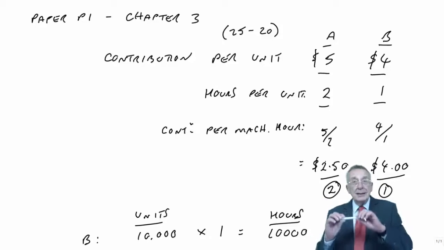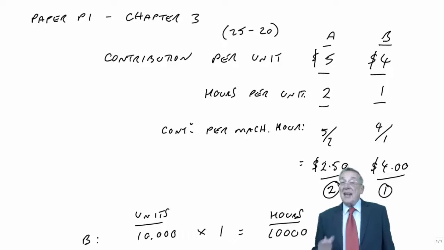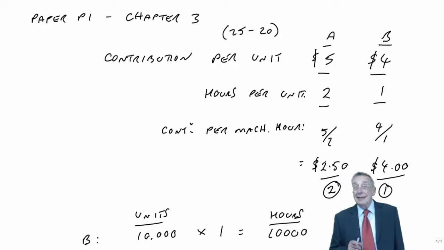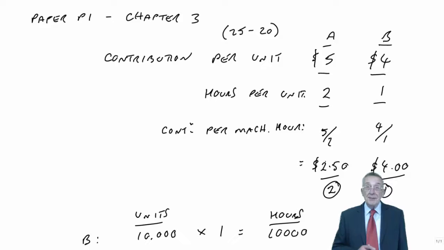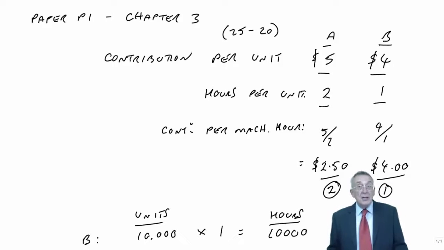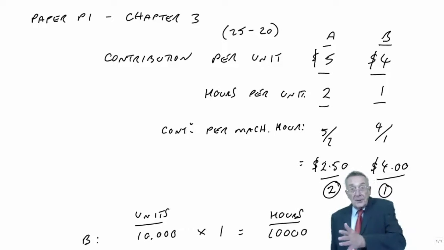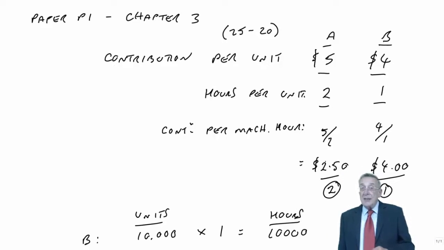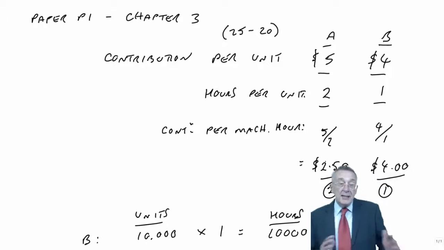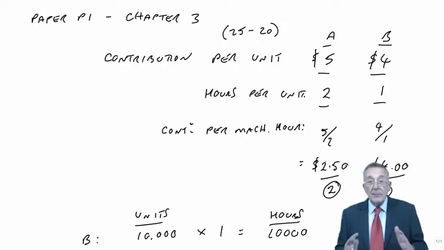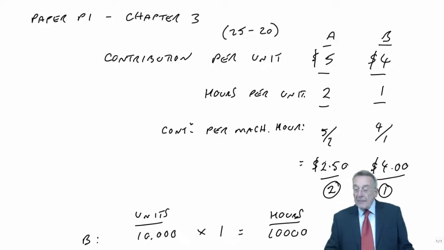For most businesses, in the short term, labour costs are fixed. And in fact, in the short term, for most businesses, all costs are likely to be fixed, except for materials. Certainly, produce less, you need less materials. That's going to be a variable cost.